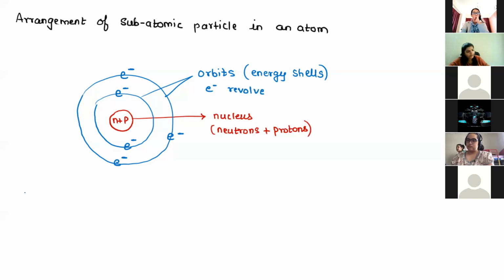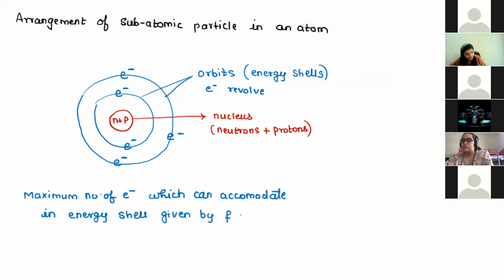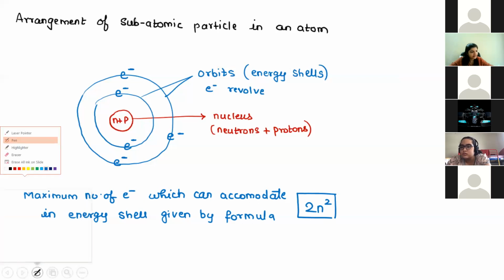So the maximum number of electrons which can be accommodated in an energy shell is given by the formula 2n square. Okay, 2n square. So let us understand this.